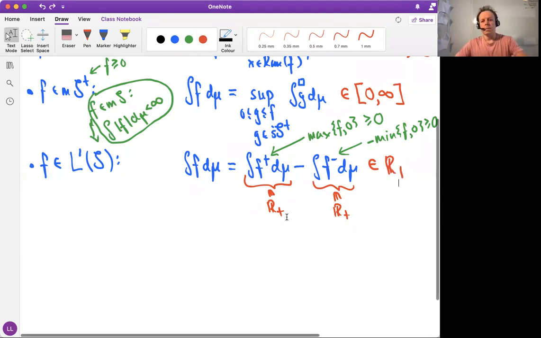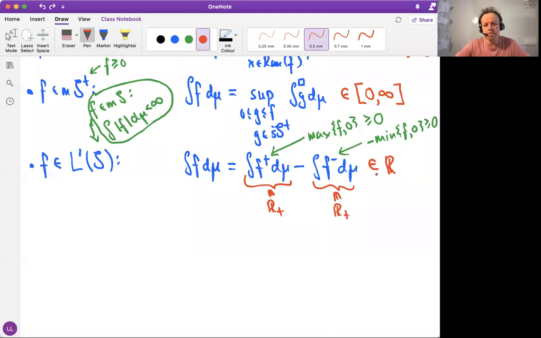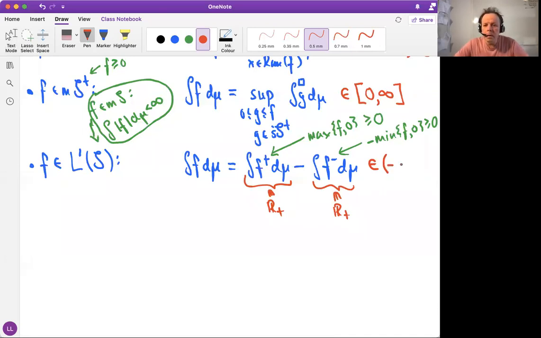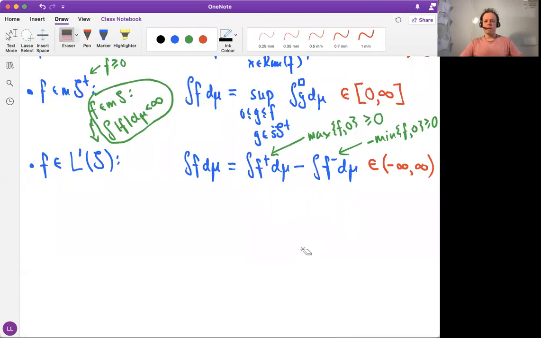Sorry, it can of course be a negative number as well. Or maybe we can write it in this way: it takes values strictly bigger than minus infinity and strictly less than plus infinity, based on what we just reasoned here.